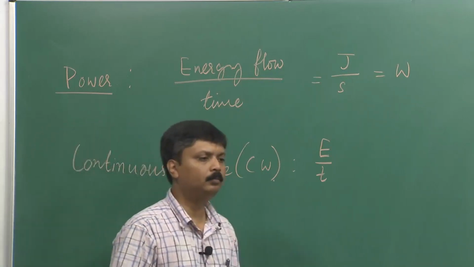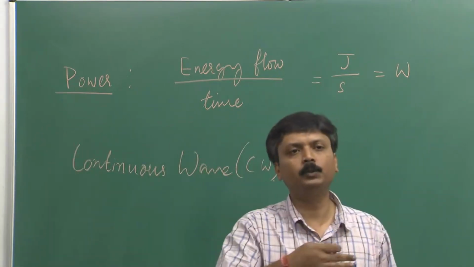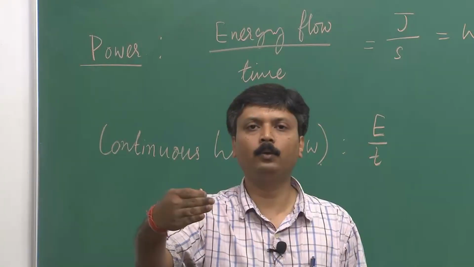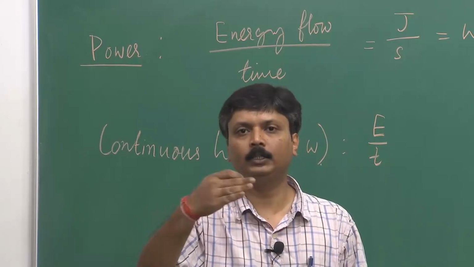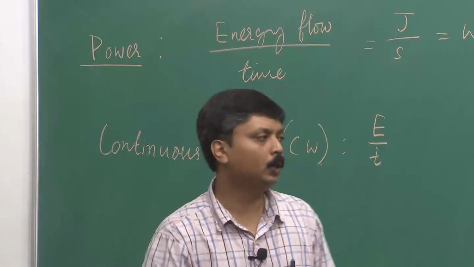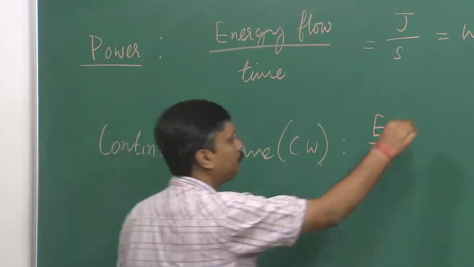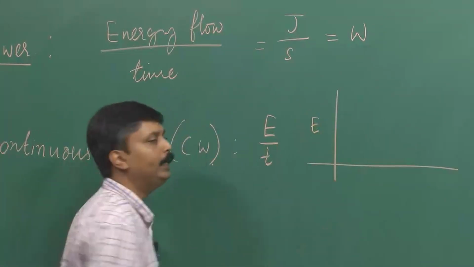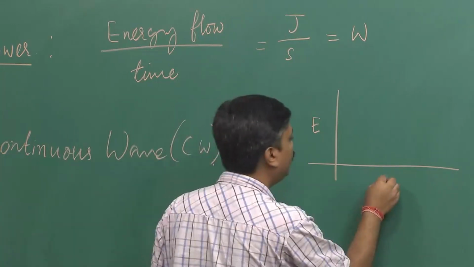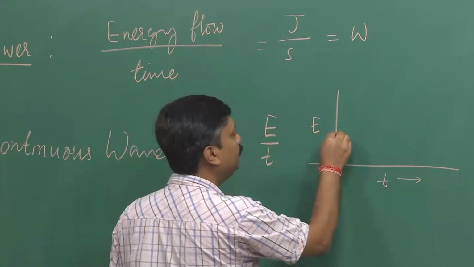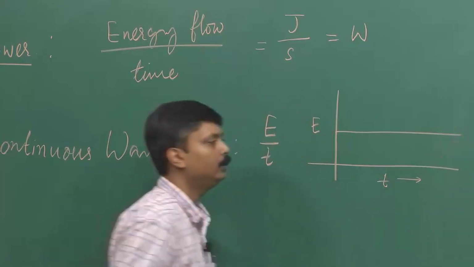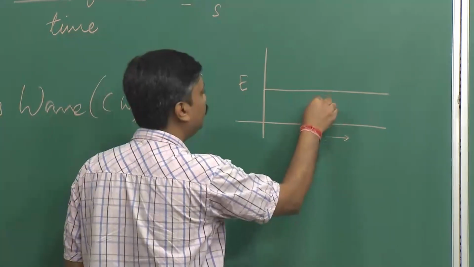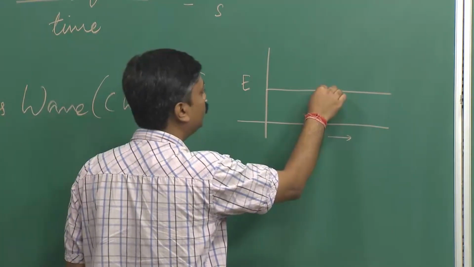And a continuous wave laser will give you light always. It's not like sometimes it is off, sometimes it is on. It's always on. So if you look at the energy of the light as a function of time, then you will see a plot like this. And if you look at the energy overall, so how will you do that?